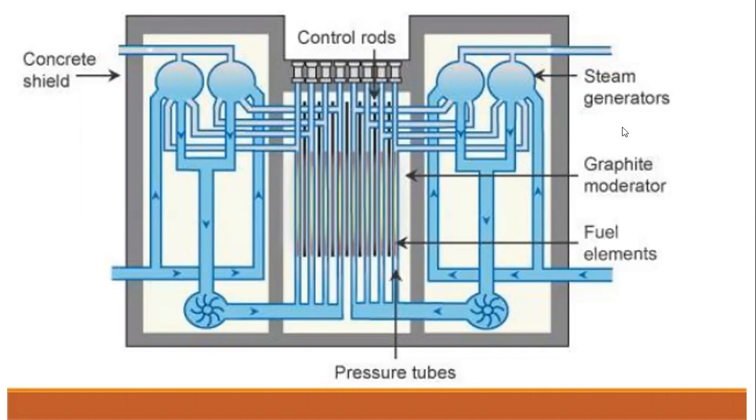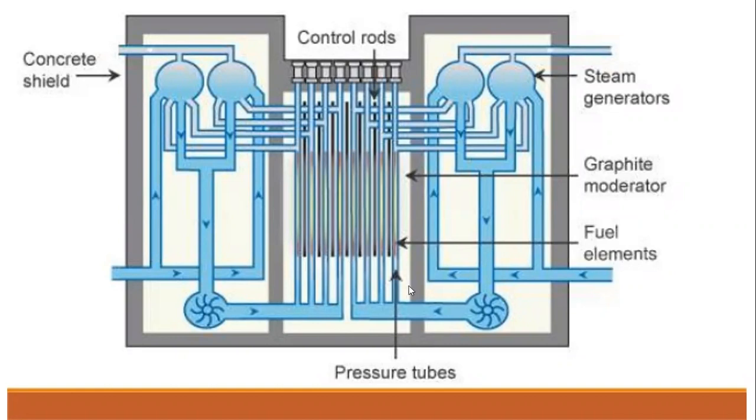These are the control rods and these are the steam generators, with the primary circuit and the secondary circuit. The primary circuit has the light water coolant circulating pumps, and the secondary circuit is the steam generation.